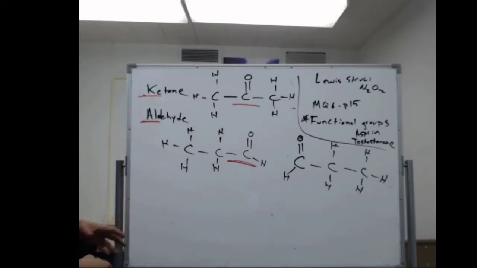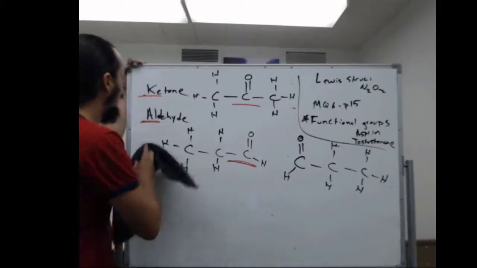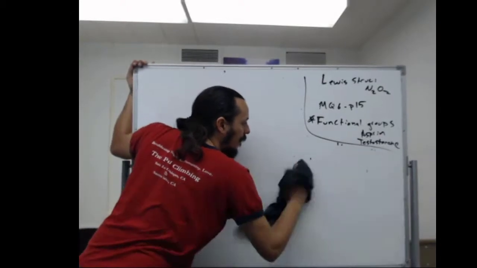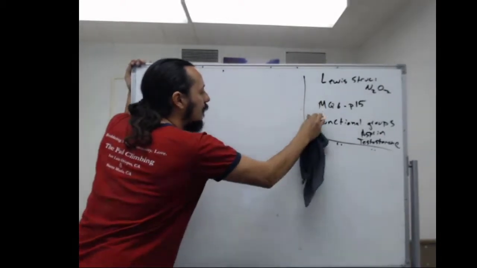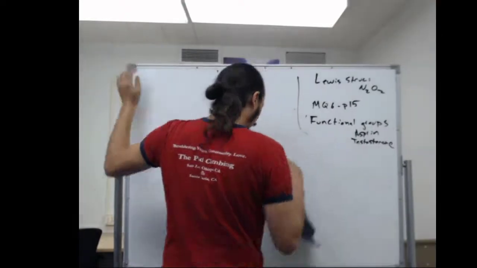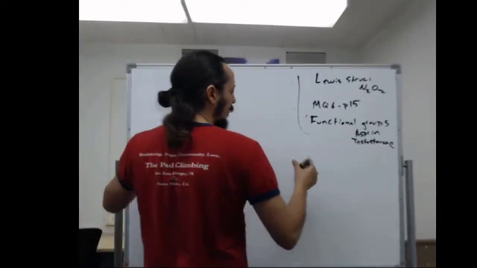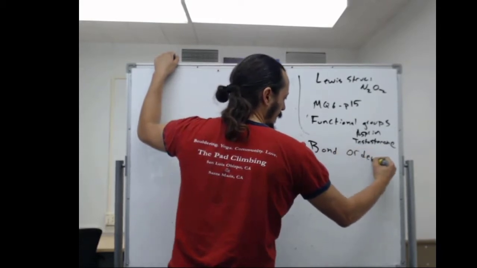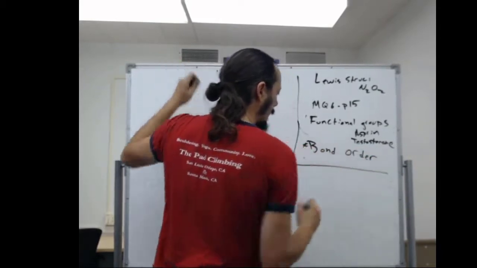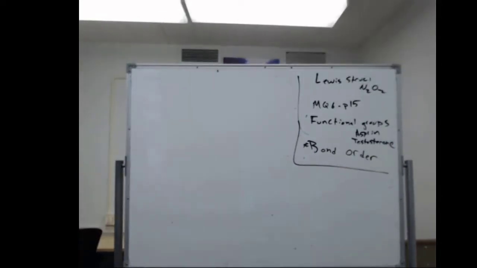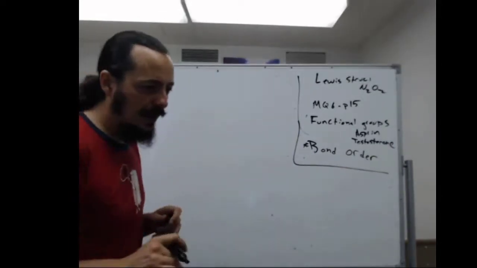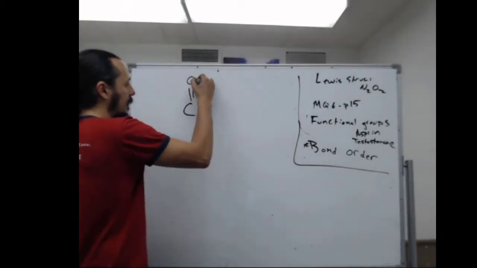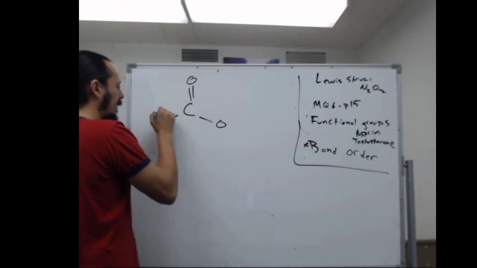Okay. Now, I'll add one more thing to the list. The last thing for us to look at so far is going to be bond order, particularly for a carbon structure like this.